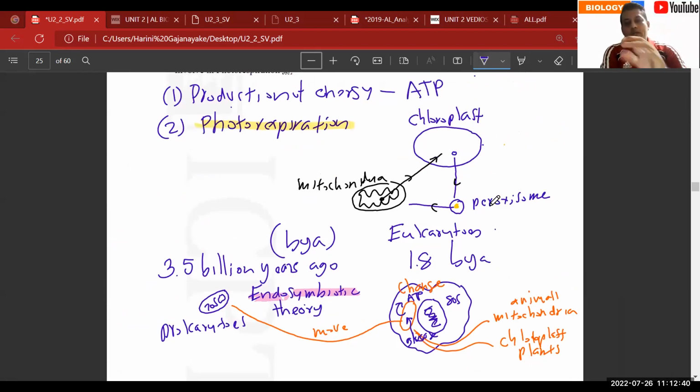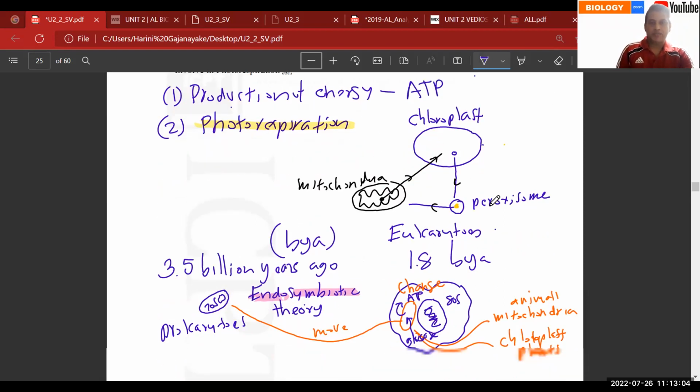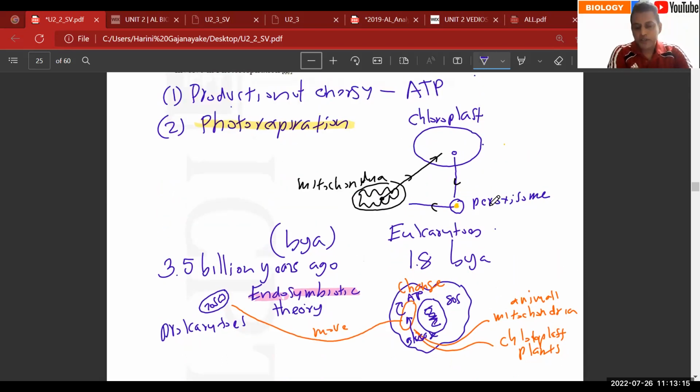I think if you copy this to the notes, it's enough, because we have all the text again in the resource book. I mean, we don't want to write, and if you want, you can download the different version written as numbers and highlighted important things. So mitochondria has 2 functions: production of energy, ATP molecules. Second function is photorespiration. Photorespiration, we're going to learn in photosynthesis.